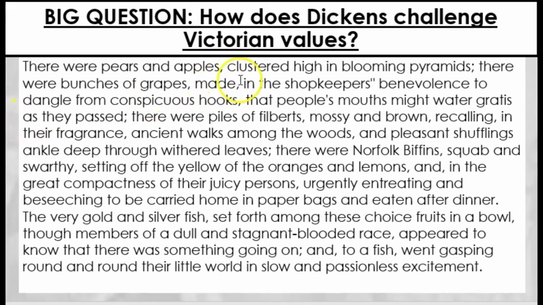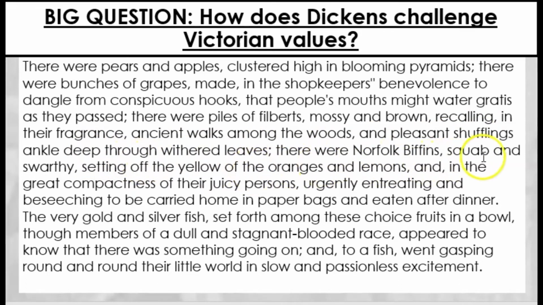There were pears and apples clustered high in blooming pyramids. There were bunches of grapes made in the shopkeeper's benevolence to dangle from conspicuous hooks that people's mouths might water gratis as they passed. There were piles of filberts, mossy and brown, recalling in their fragrance ancient walks among the woods and pleasant shufflings ankle-deep through withered leaves.